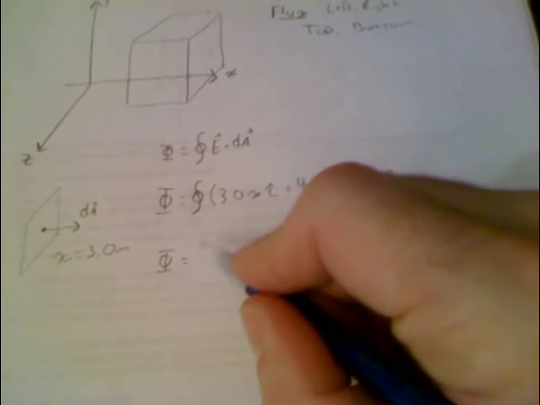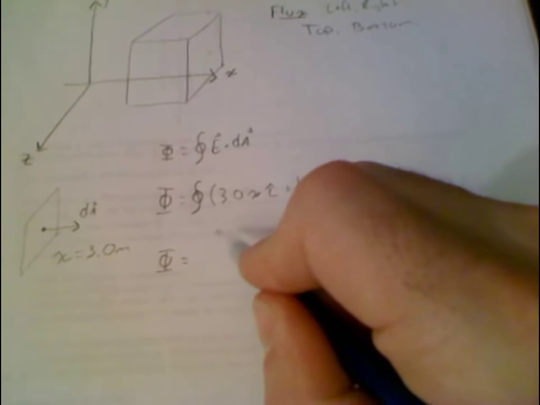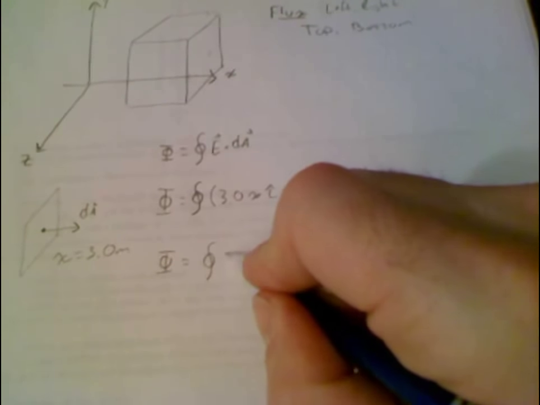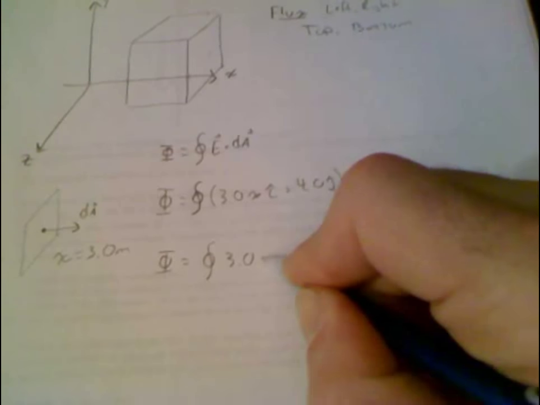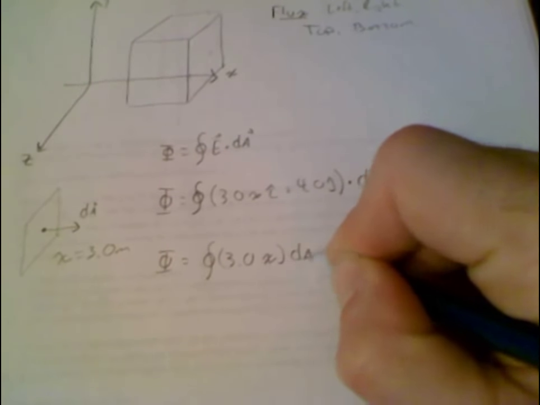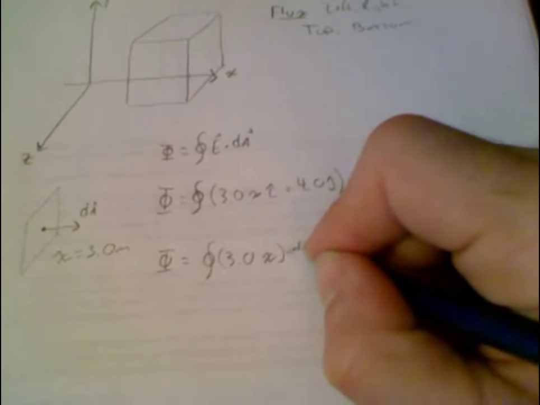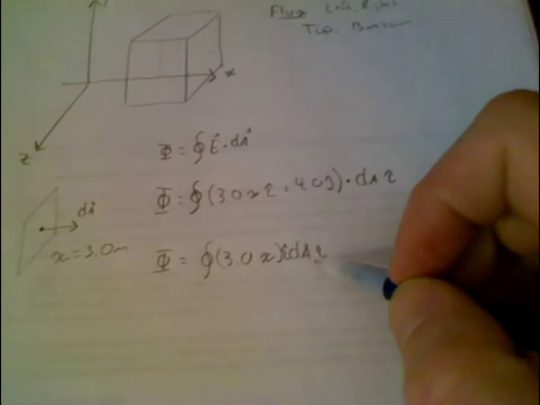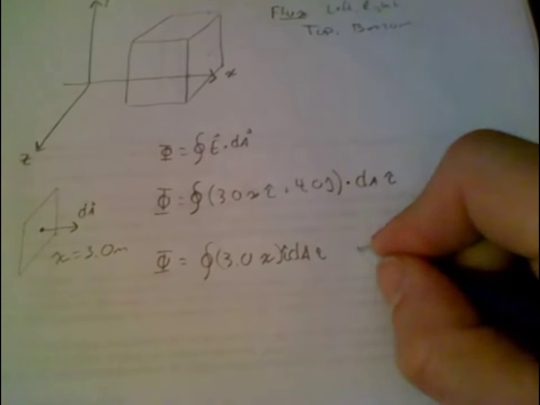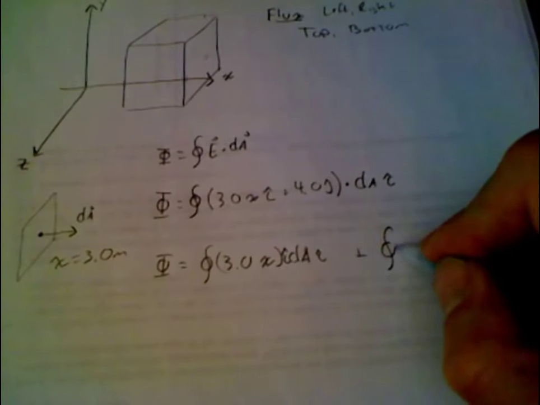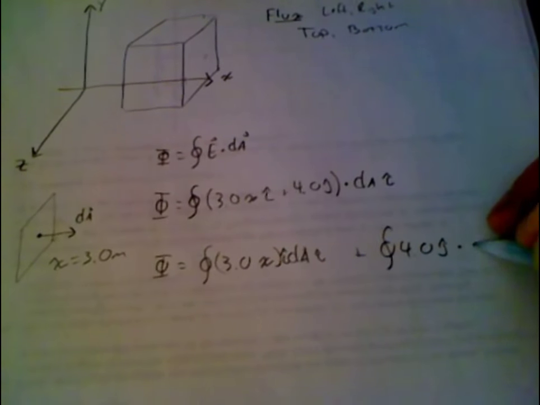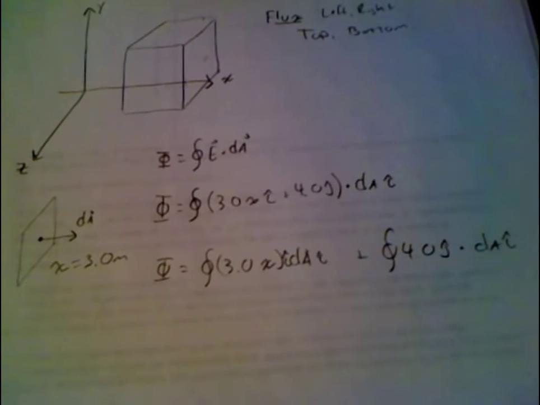My flux is equal to the integral of 3.0 x i hat dotted with dA in the i hat direction, plus 4.0 j hat dotted with dA in the i hat direction.